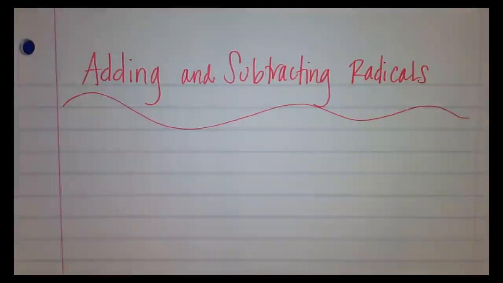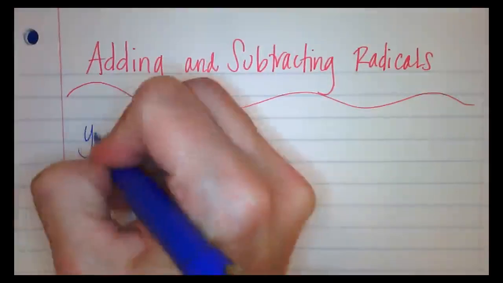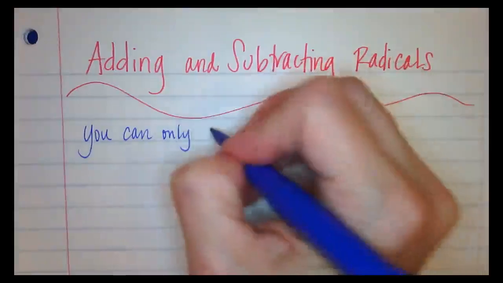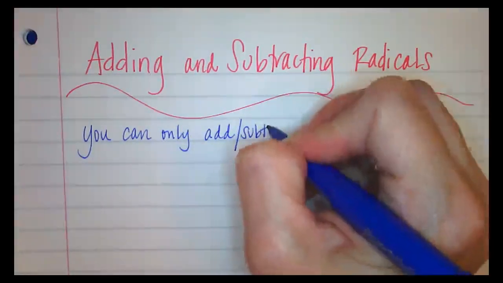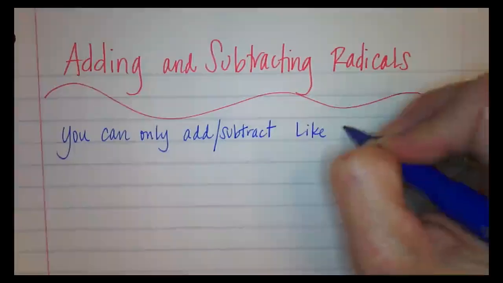So it only makes sense that if we were adding and subtracting square roots, we would need to have the same square root. You can only add or subtract like square roots.